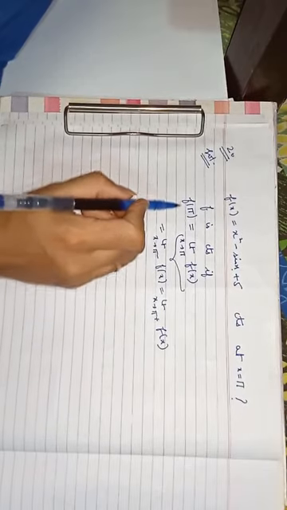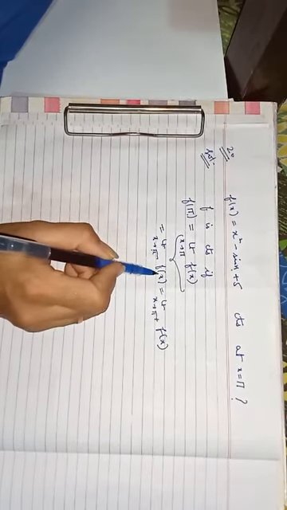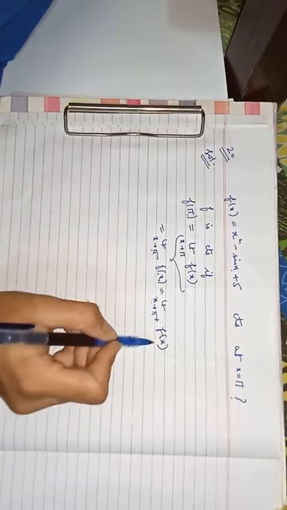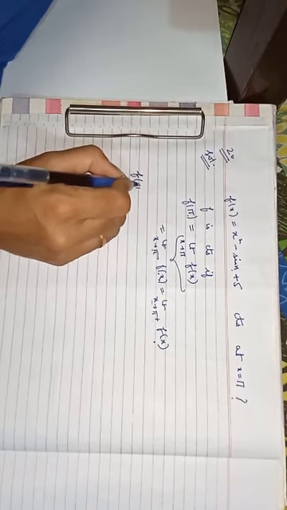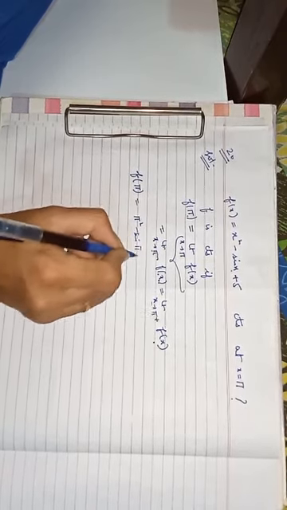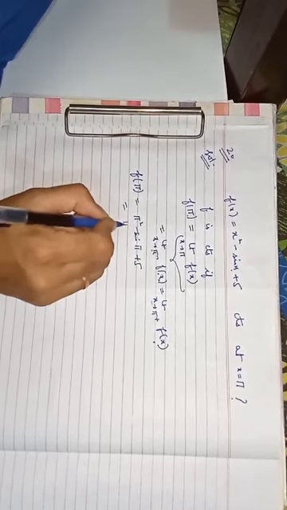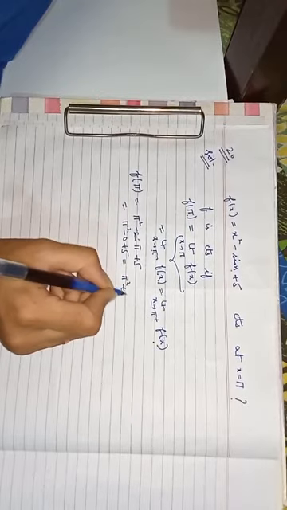So we need to check f of pi equal to limit x tending to pi negative f of x equal to right hand limit. Now come to the value of f of pi, which is pi square minus sin pi plus 5, equal to pi square minus 0 plus 5, equal to pi square plus 5.